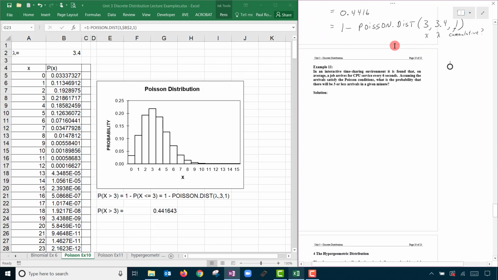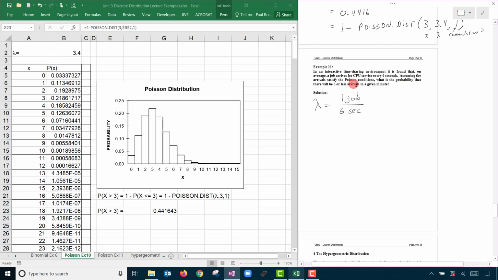Another example here, it's another binomial question, I assume. In an interactive time-sharing environment, it's found out that on average, a job arrives for CPU service every 6 seconds. So our mean is 1 job per 6 seconds.